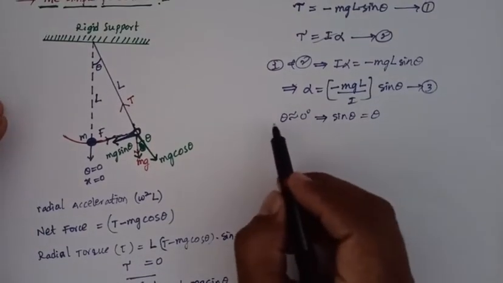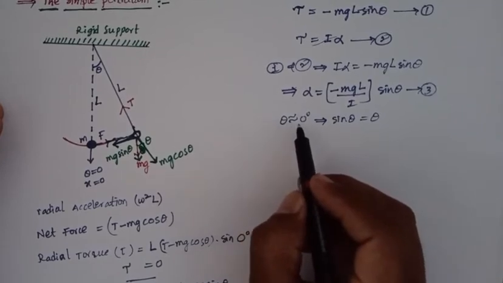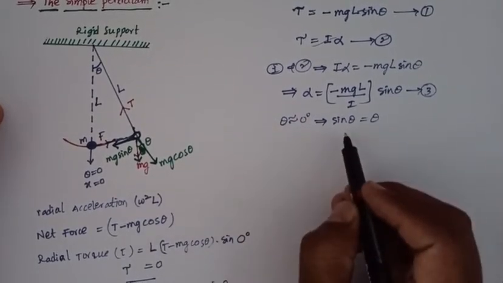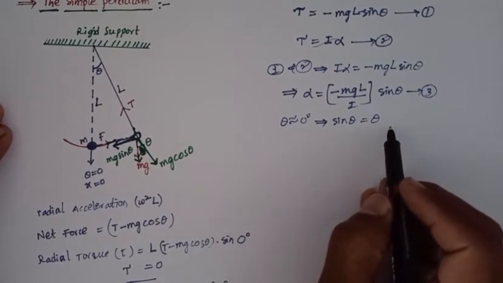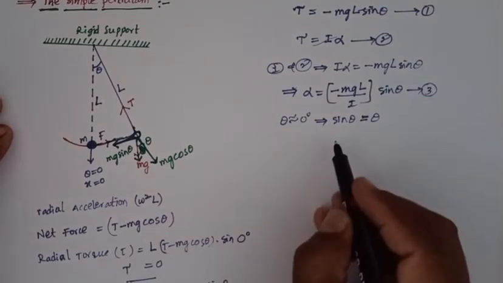When angular displacement theta is approximately 0 degrees, sin theta equals theta. This is obtained from the series expansion.